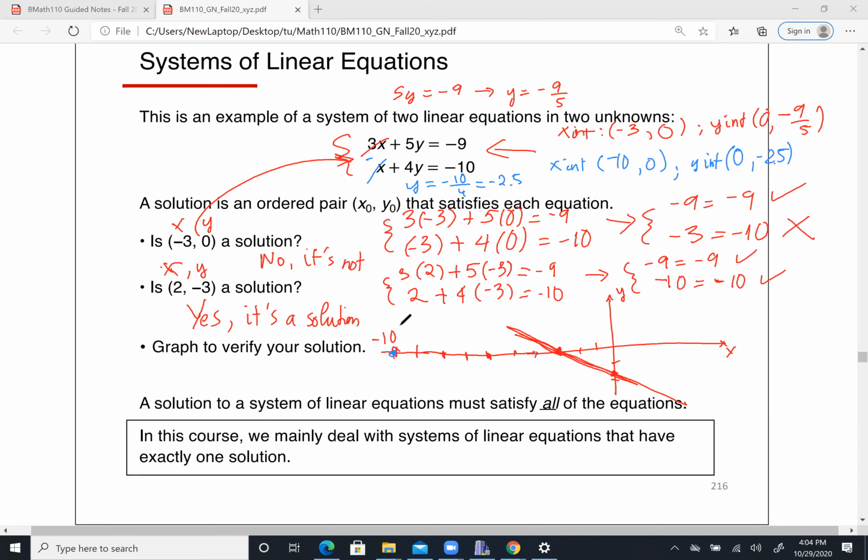For the y-intercept is -2.5. So -2.5 should be around here. And then you're gonna draw the line, go through these 2 points. And these 2 lines will intersect each other around here.